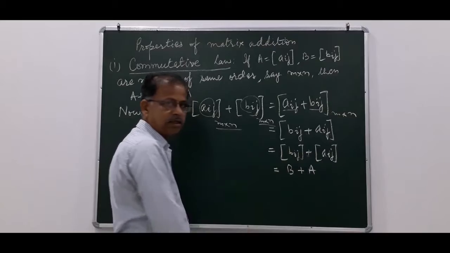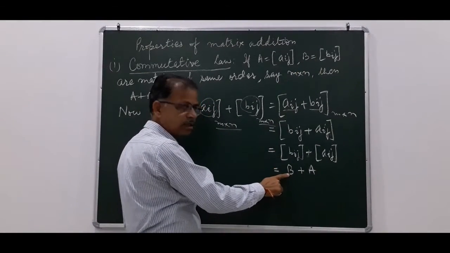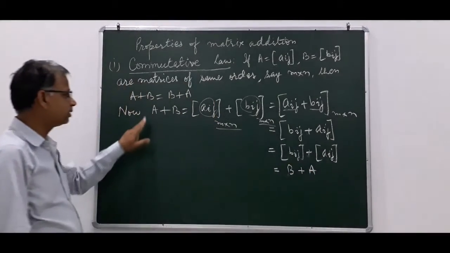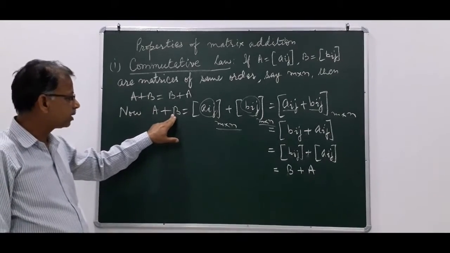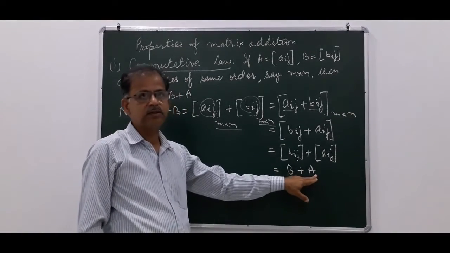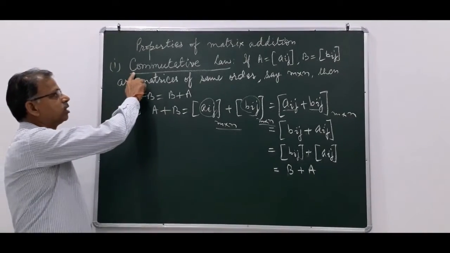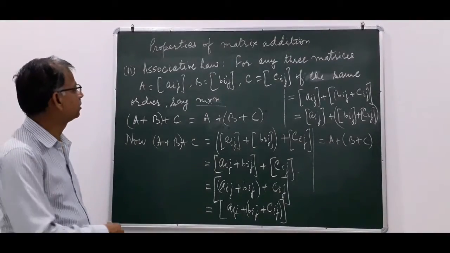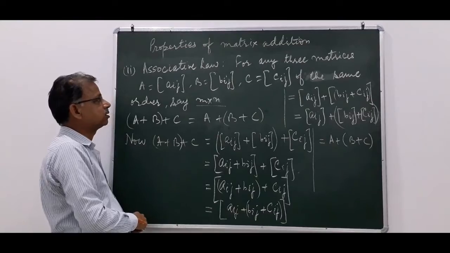Now Bij matrix, we get matrix B. So in place of this we write matrix B, and in place of this we write A. So we have proved that A and B are two matrices, and their sum A plus B can be written as B plus A. It means in this commutative law holds.